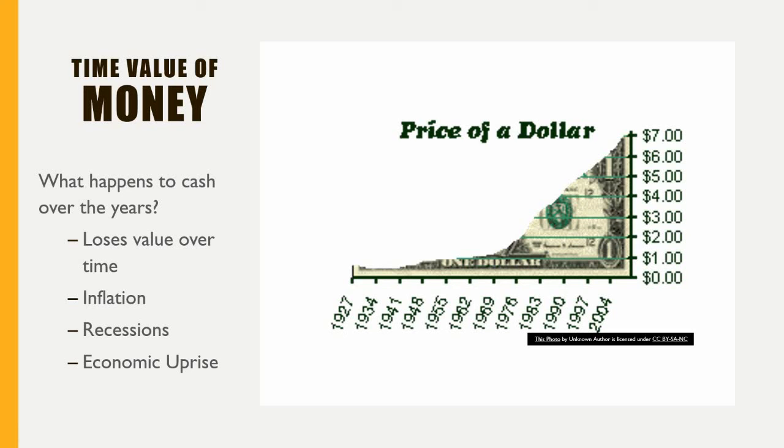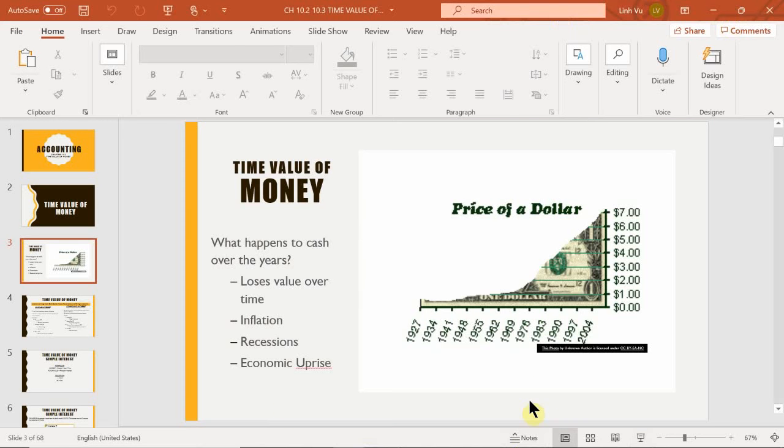That's just a determining factor of how much the dollar has changed. That means when we make predictions about the future, we need to take inflation or something like that into consideration.